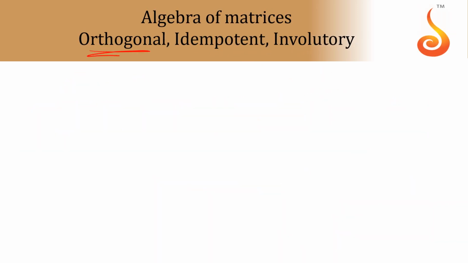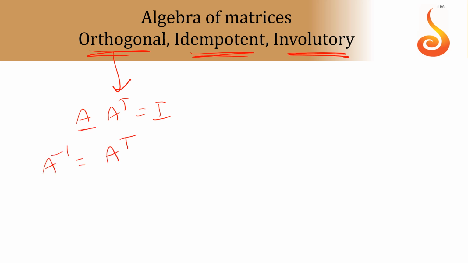Then what are orthogonal, idempotent, involutory? Orthogonal is what? A into A transpose must be equal to I. So A inverse is nothing but A transpose. To understand A into A transpose equals I: if you treat the rows as vectors, with i, j, k attached, they will be unit vectors and mutually perpendicular to each other.